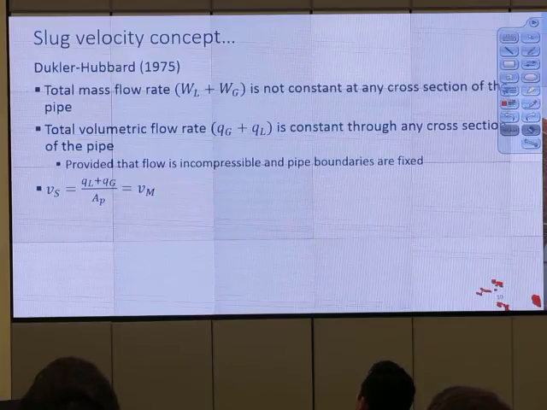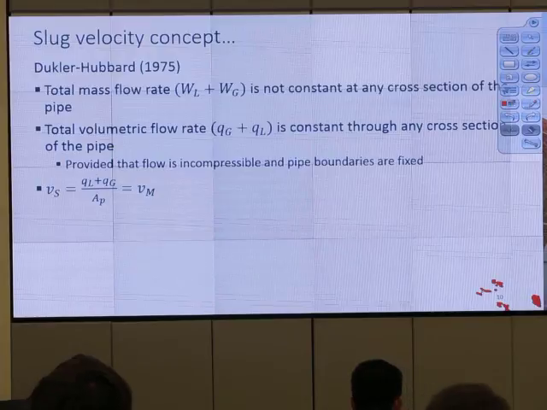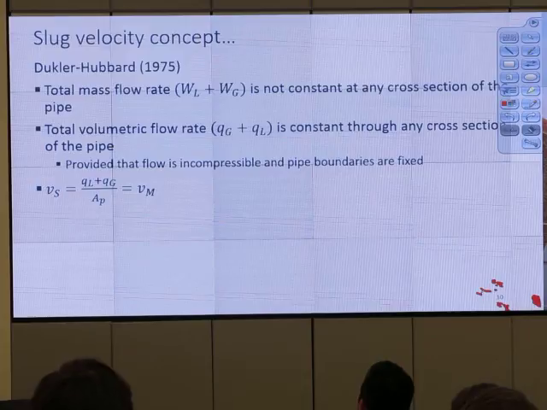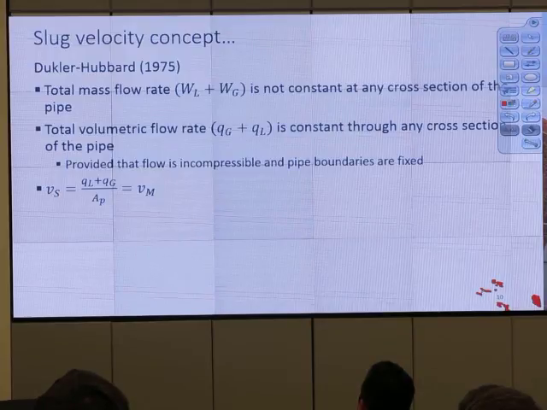Their model assumes that the total volumetric flow rate is constant throughout any cross-section of the pipe at any Z or any T. Volumetric flow rate stays the same. So this means there's no change in the density of the gas phase, no compression or expansion of the gas phase.